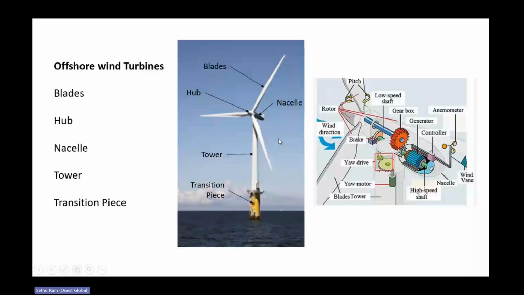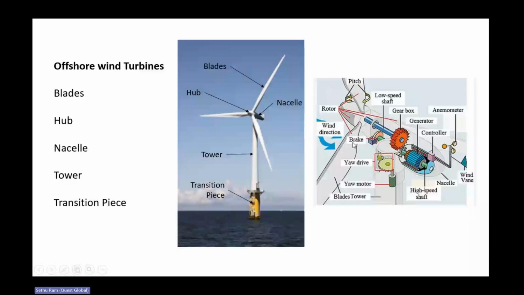Even during lightning or heavy rains, the wind speed is huge, more than the capacity of the wind turbine. Then the controller will shut off the wind turbine, and the brake will be applied so that it cannot rotate. So for that, the brake is there.